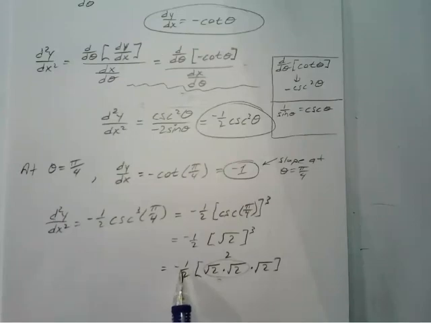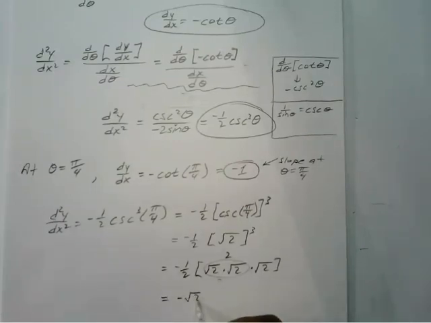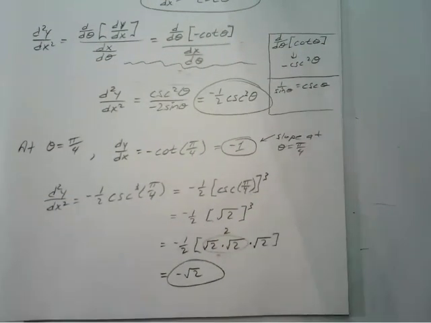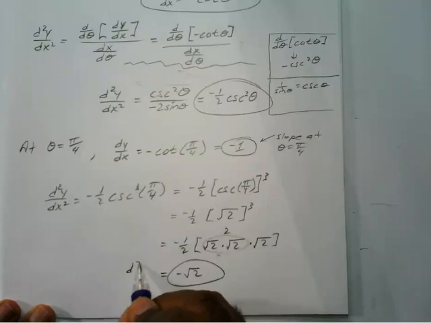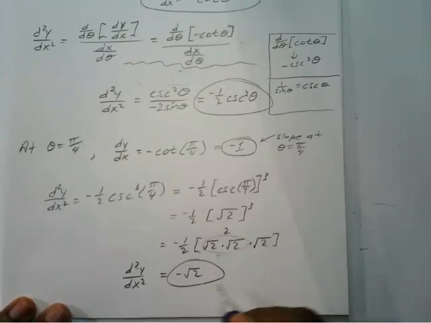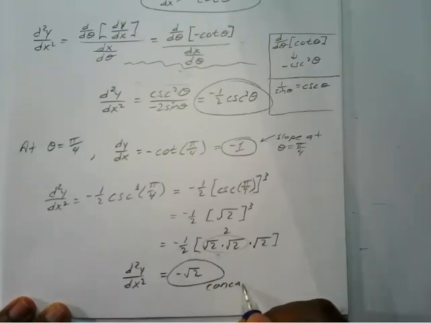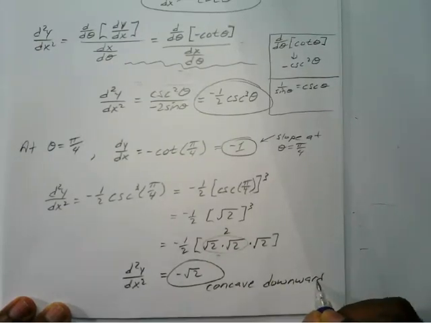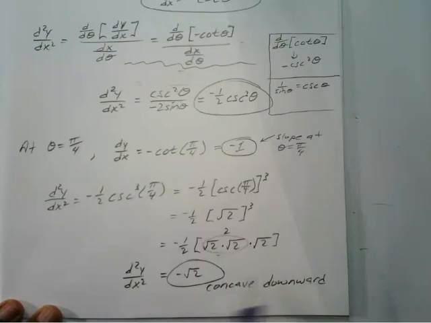So that leaves you with negative square root of 2. Your second derivative is equal to negative square root of 2. Because the second derivative is negative, we know it's concave downward. At that point, it's going to look like that.